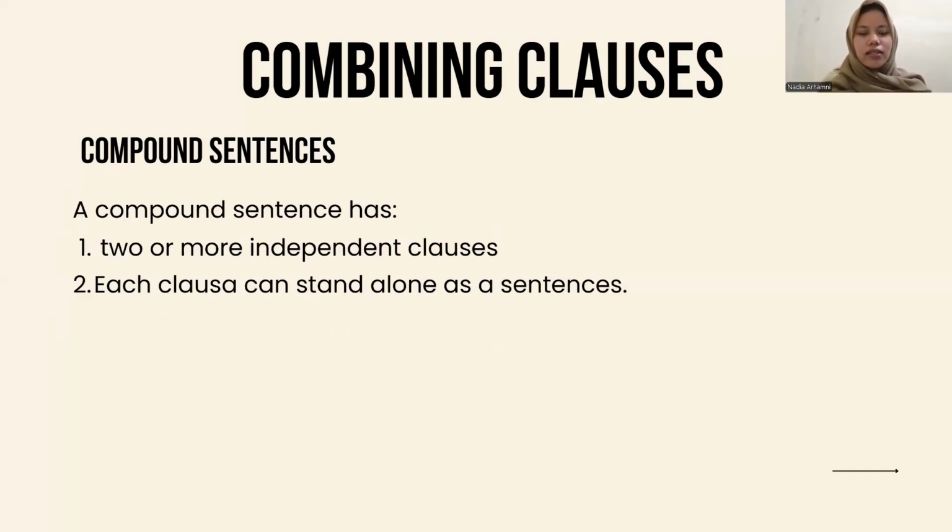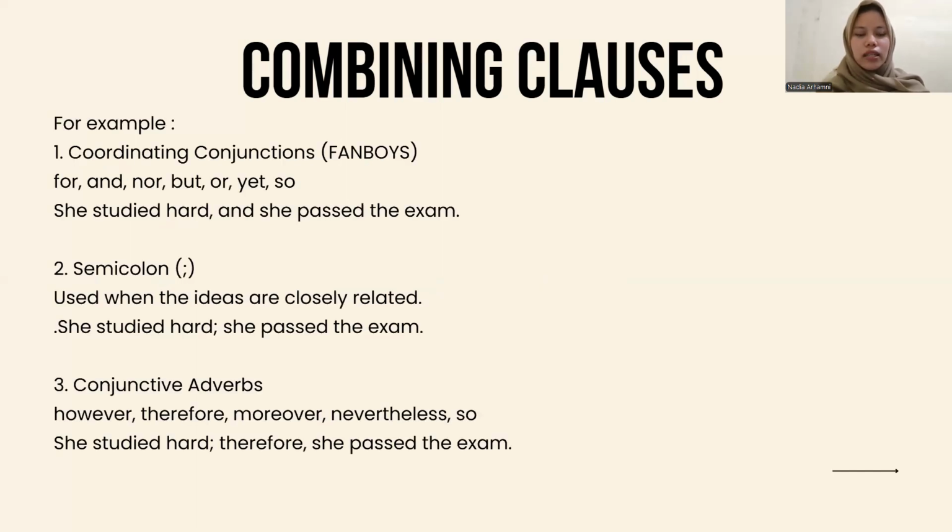Okay, next, compound sentence. A compound sentence has two or more independent clauses, and each clause can stand alone as a sentence. A compound sentence uses a coordinating conjunction, a semicolon, or a conjunctive adverb. Coordinating conjunctions are for, and, nor, but, or, yet, and so.